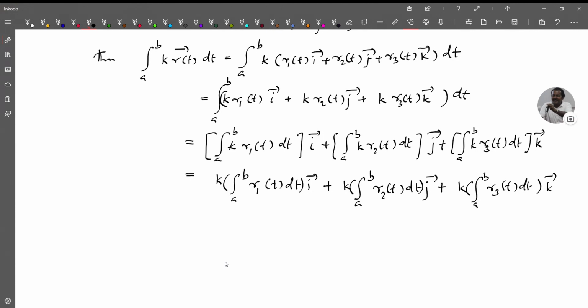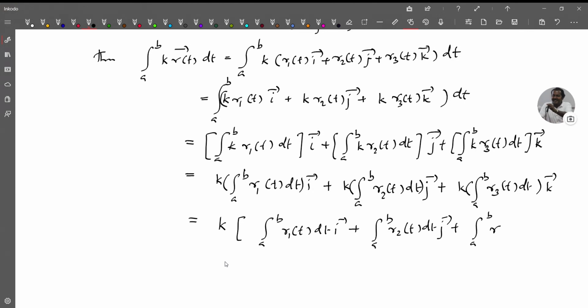So this is equal to k into integral a to b r1 of t dt i plus integral a to b r2 of t dt j plus integral a to b r3 of t dt k.